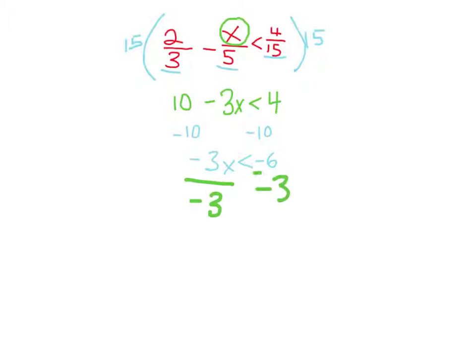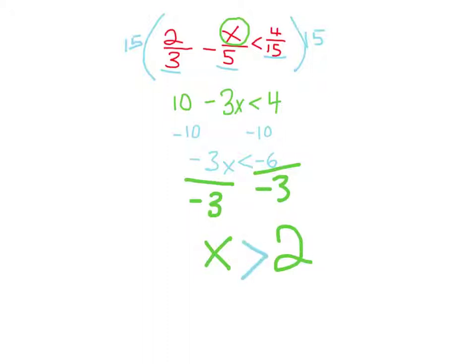When dividing by a negative, you have to switch the inequality in order to make the statement true. This leaves us with x is less than 2, but since we're using negatives, we have to switch the inequality, and it becomes x is greater than 2.